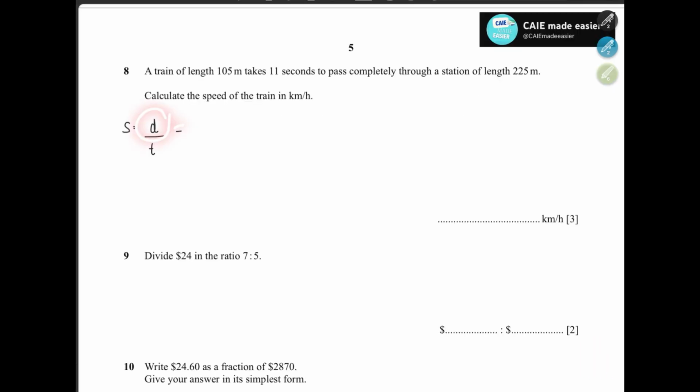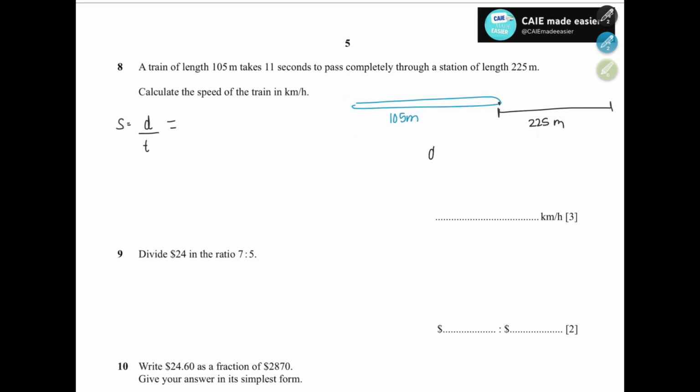They told us the length of the train is 105 meters, and the length of the station is 225 meters. The distance that the train is traveling is all of this. So the distance is the sum of both of these, 105 plus 225, which equals 330 meters.